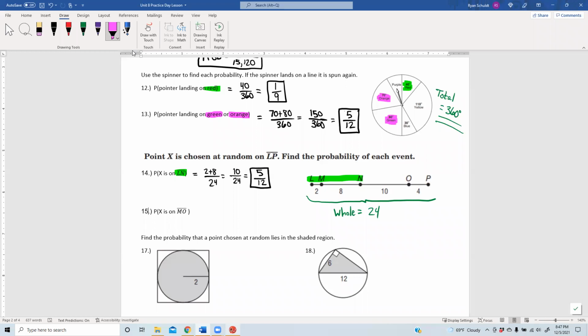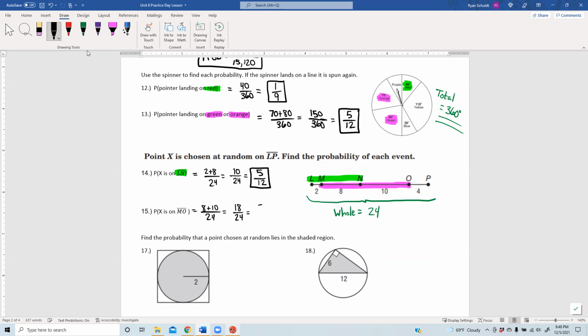Okay, 15. It says the probability that X is on MO. So MO goes here. It's going to be 8 and 10. This is a probability of 8 plus 10, still over 24. That's 18 over 24.